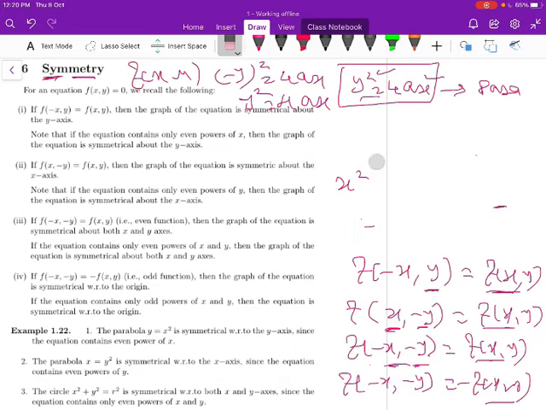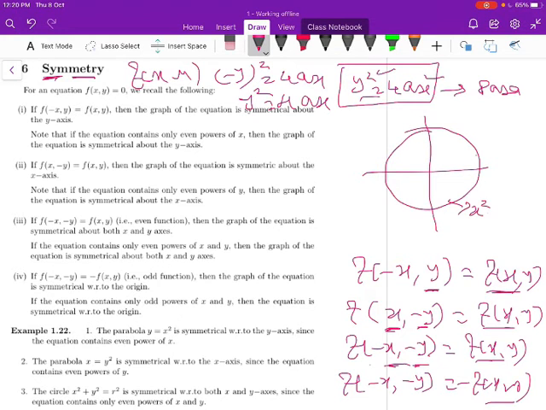Let us take another example here. If I take the equation of a circle, x square plus y square is equal to r square, this is the equation of a circle with the center at the origin and radius r.